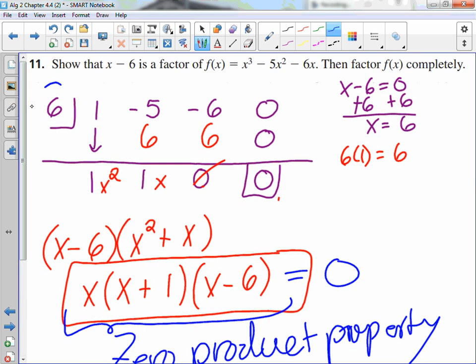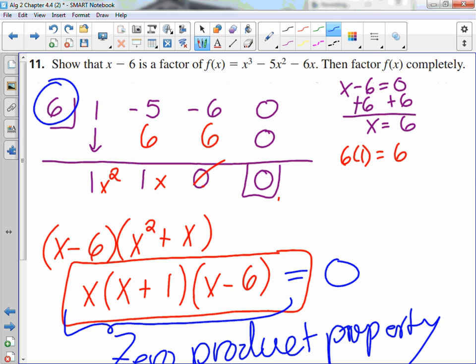So all of these here, this here, 6 is a value of x that will make this function equal 0. Did you remember that for quadratics? When we were solving for the quadratic, we're trying to find values of x that makes the function equal what? 0. So wait a minute.